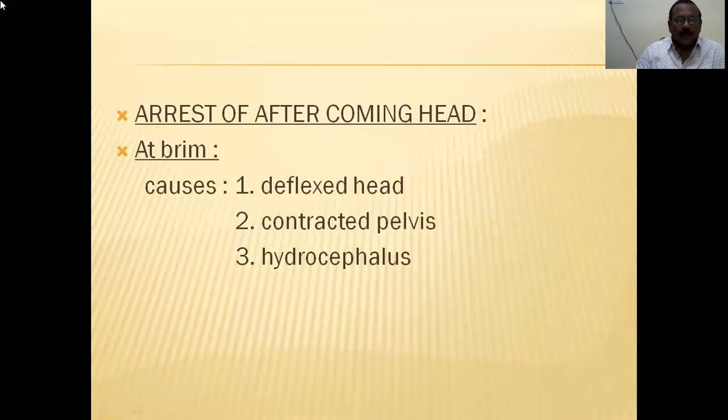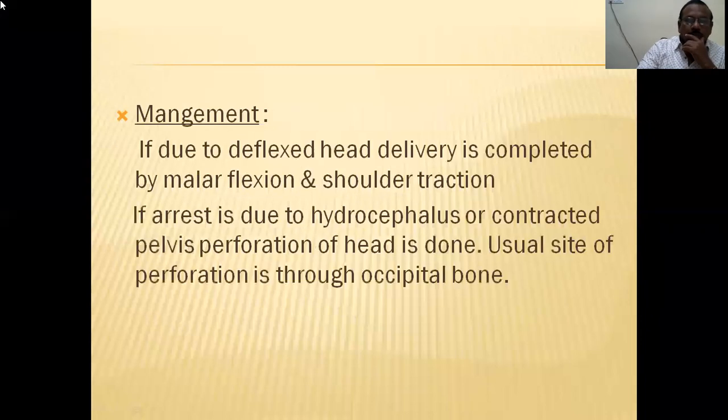Arrest of the aftercoming head at the brim is due to a deflexed head or contracted pelvis or hydrocephalus. Due to the deflexed head, delivery is completed by jaw flexion and shoulder traction. If the arrest is due to hydrocephalus or contracted pelvis, perforation of the head is done. The usual site of perforation is the occipital bone, if the fetus is dead.